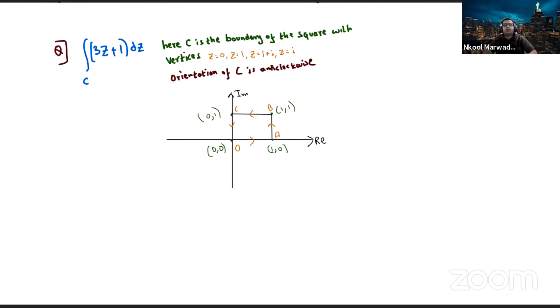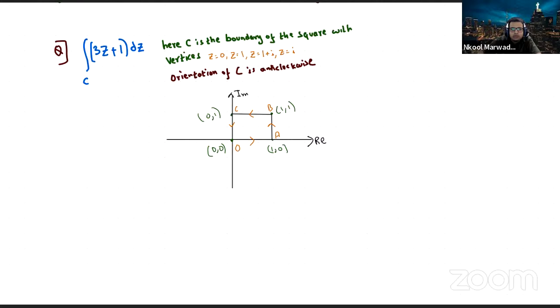Now ultimately we have to do 4 different integrations, because here we have 4 curves: OA separately, then we add AB, then BC, then CO to get the final answer. So how we will do that, let us see.